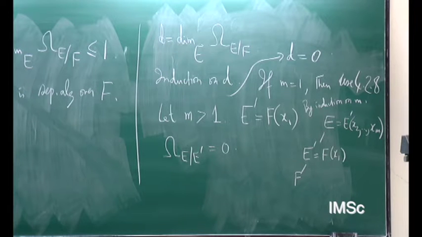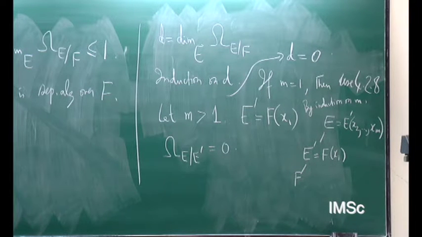If I put this equal to 0, then I am forced to show E is separably generated over F, but its transcendence degree is 0.